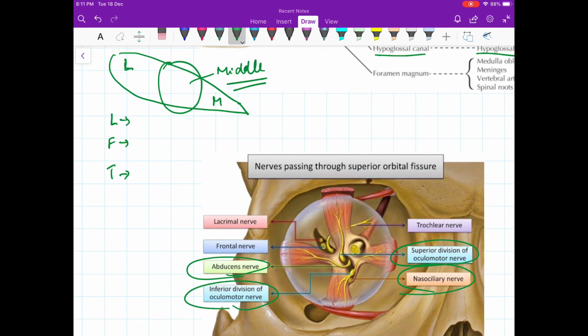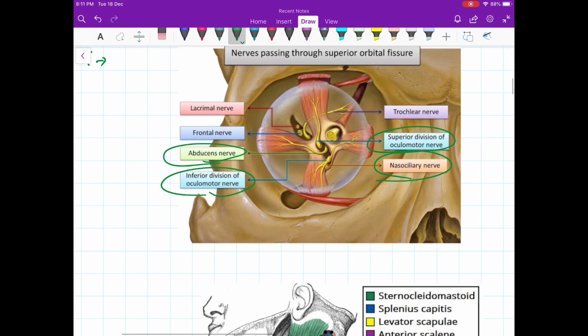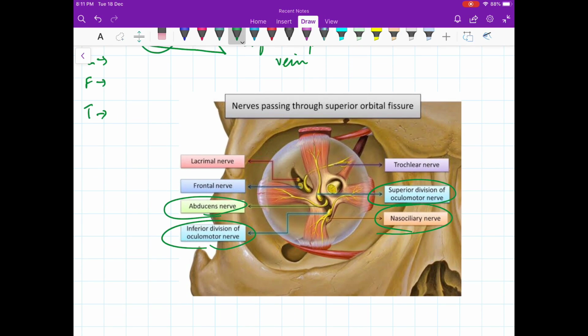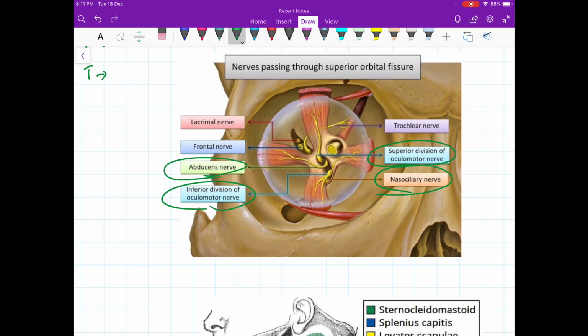And through the medial part it is inferior ophthalmic vein. Superior ophthalmic vein passes through the lateral part of the superior orbital fissure.